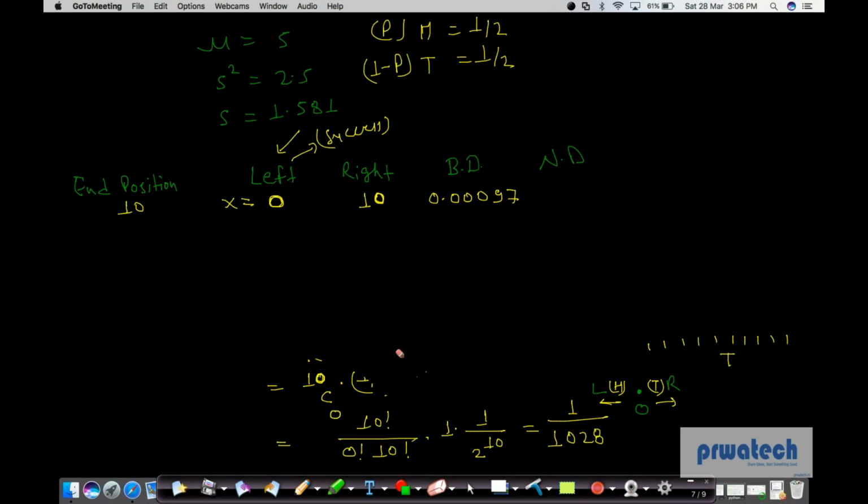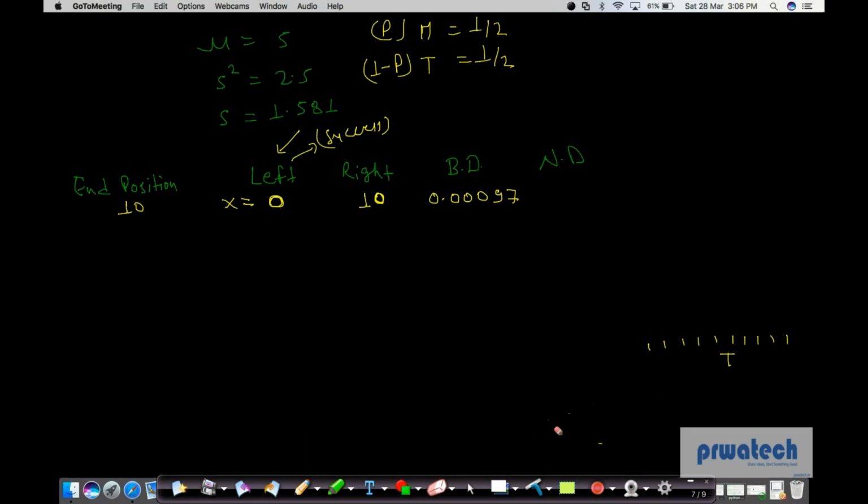This is the calculation for the probability of the binomial distribution. What is it for the normal distribution for the same event?